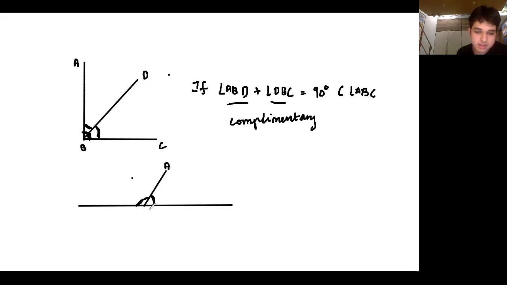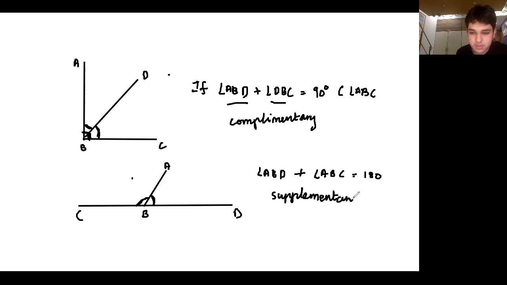If I took this as A, this as B, this as C, and this as D, then angle ABD plus angle ABC would be equal to 180, and therefore they are supplementary. So that's supplementary and complementary angles.